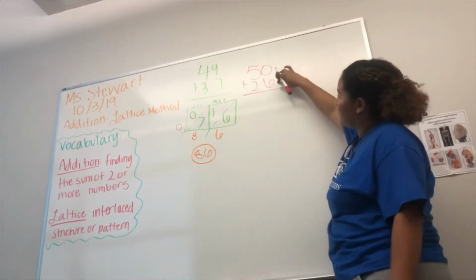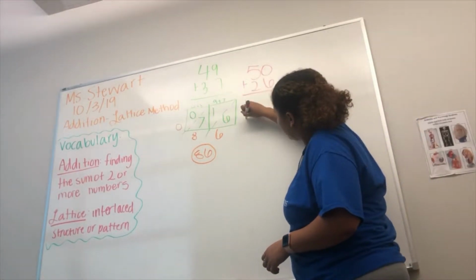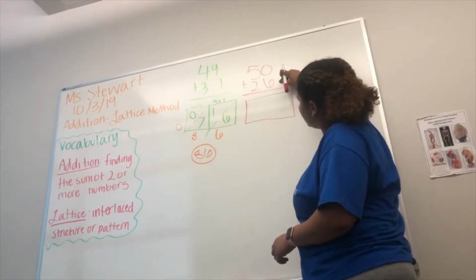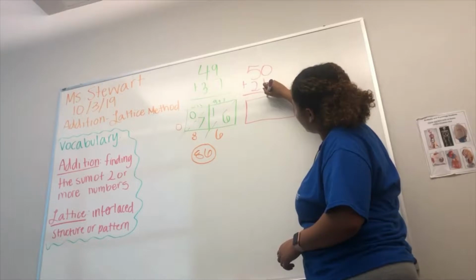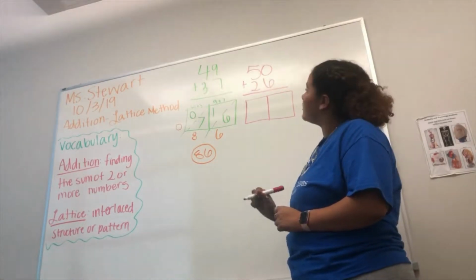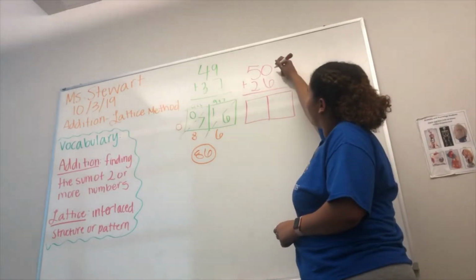So these are our numbers, so our first step again is to make the square. And we have two numbers, so we're going to make this square into two squares. And then next, what are we going to do? Right, we're going to add the ones place.